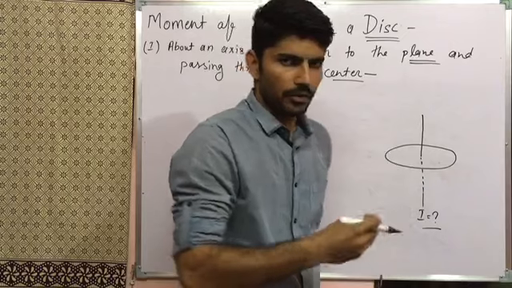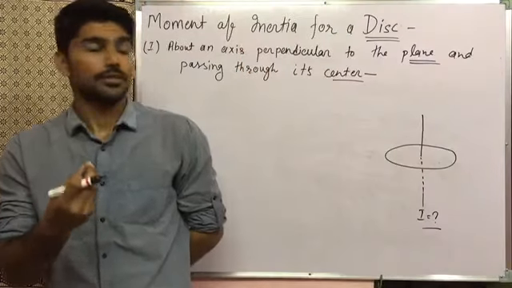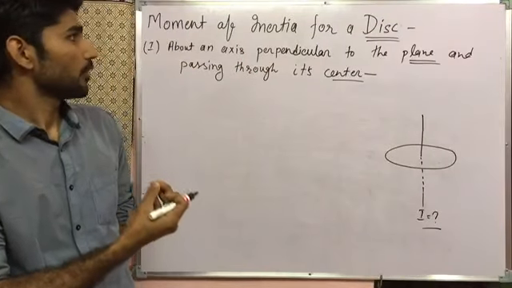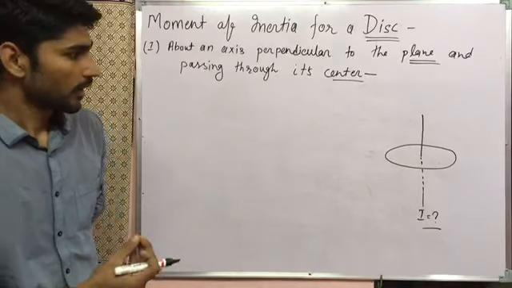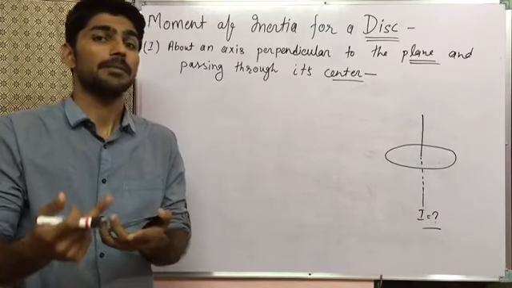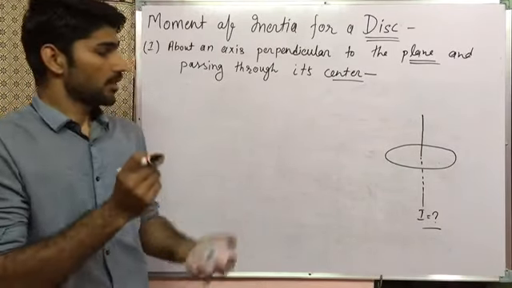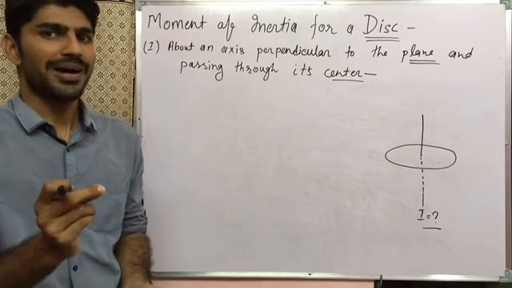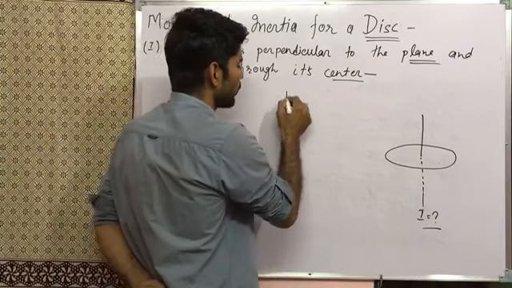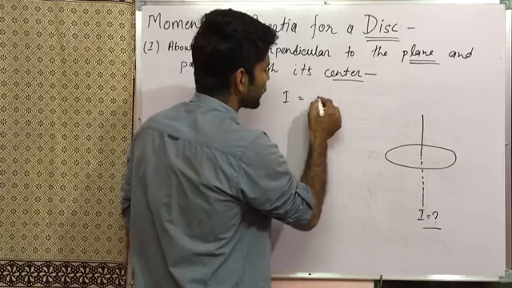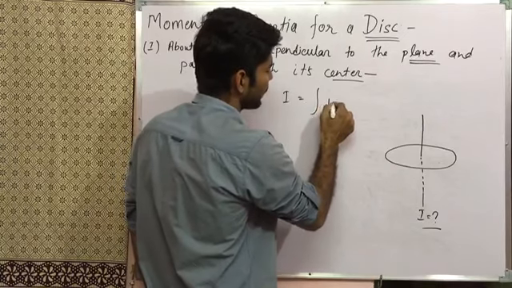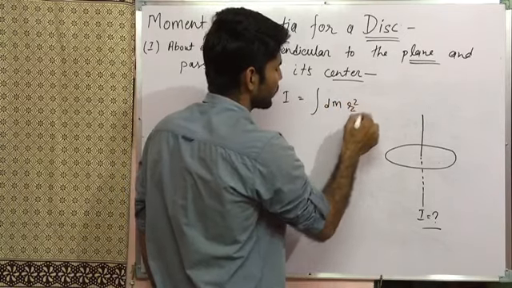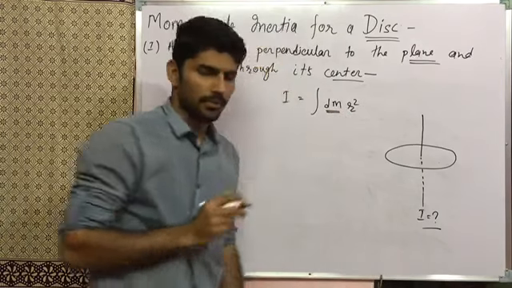We will follow all the steps that we followed for the moment of inertia of the ring, in which we first take a small mass component, because our formula for moment of inertia is I equals integration dm r square. So we need dm over here.